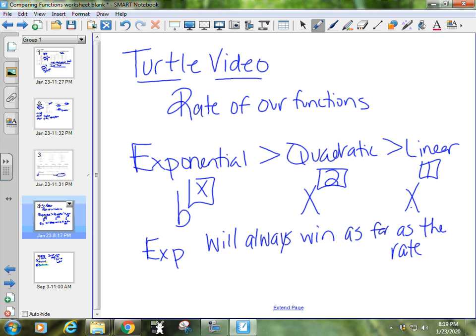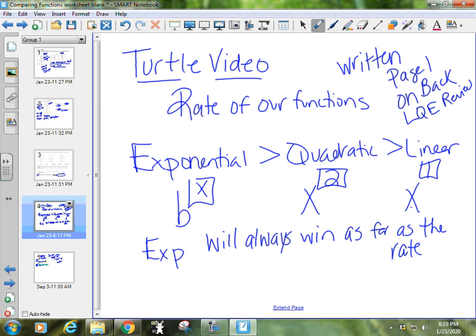I want this information written on your beginning sheet we started with, page 1. Put it on the back of that sheet. It's the LQE review, and it was the salmon colored one. So make sure this gets put on that, and just say notes from Turtle video.